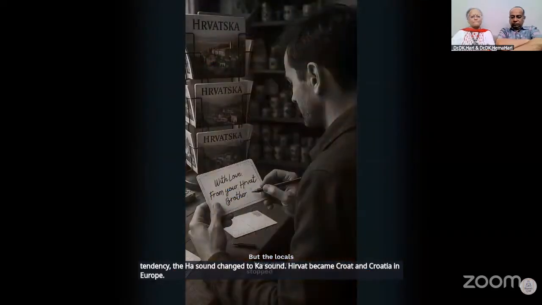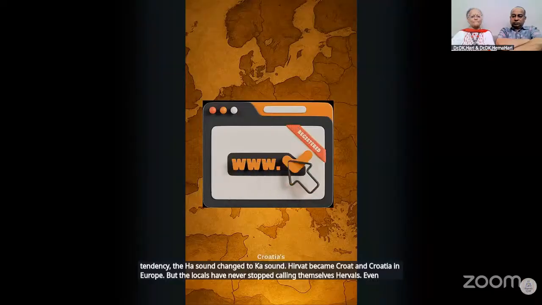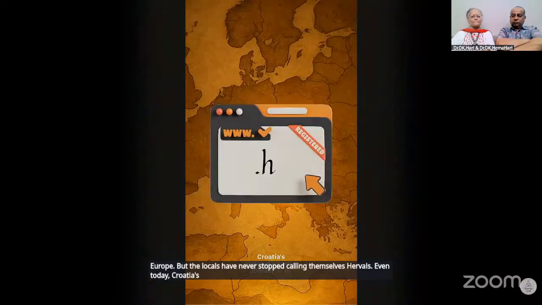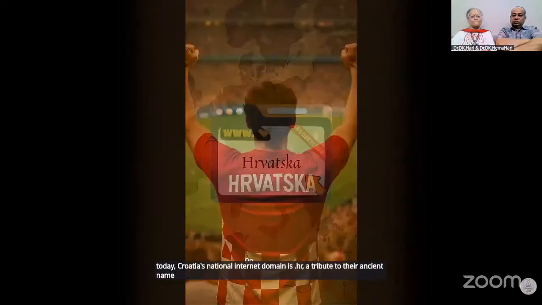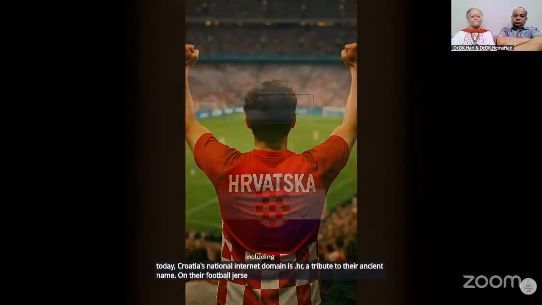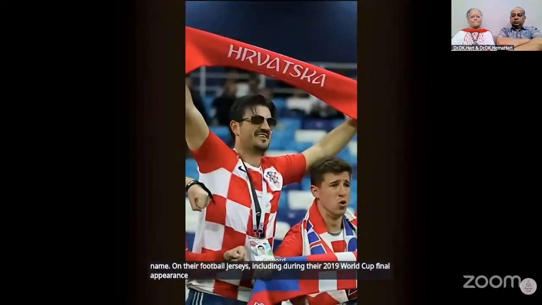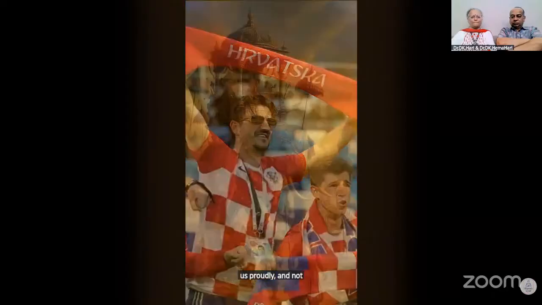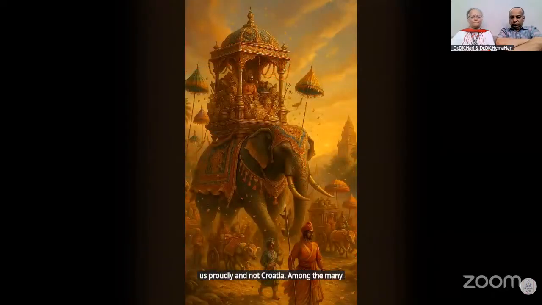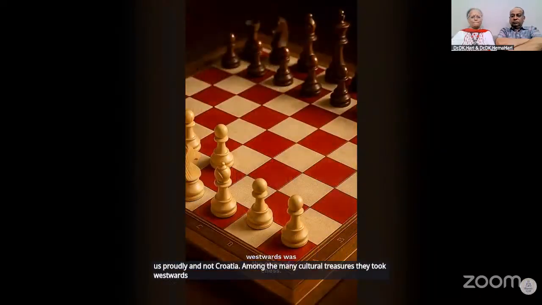But the locals have never stopped calling themselves Hrvats. Even today, Croatia's national internet domain is .hr, a tribute to their ancient name. On their football jerseys, including during their 2019 World Cup final appearance, the word Hrvatska appears proudly and not Croatia. Among the many cultural treasures they took westwards was the game of chess.